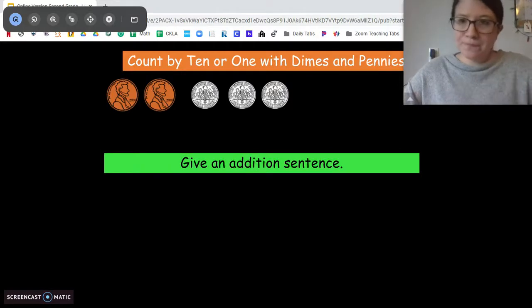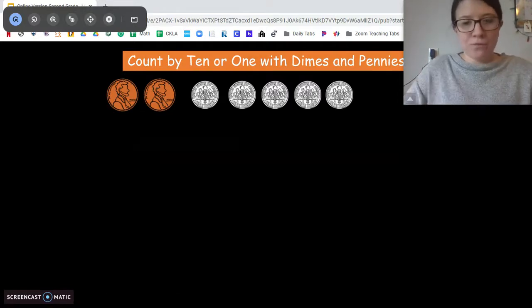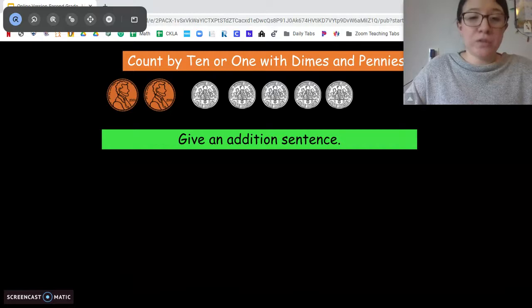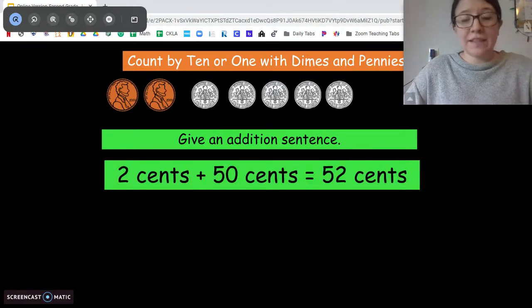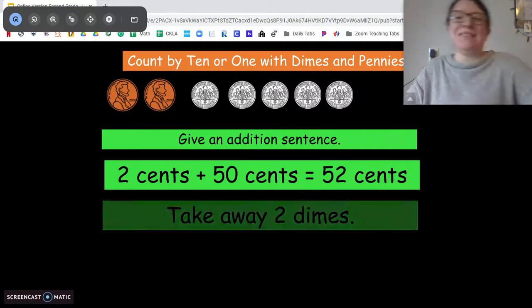What about now? Good. 2 cents plus 30 cents, 32 cents. What about now? I added a couple there. Good. 2 cents plus 50 cents is going to be 52 cents. 2 dimes plus 2 pennies plus 5 dimes is 52 cents.